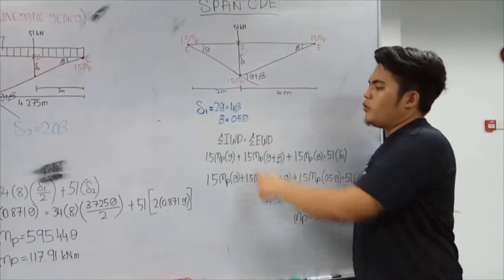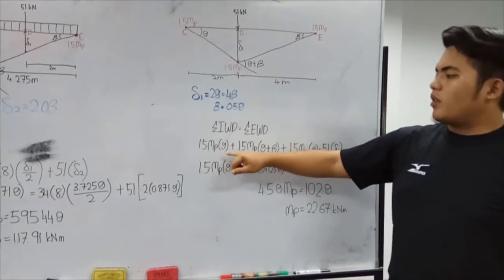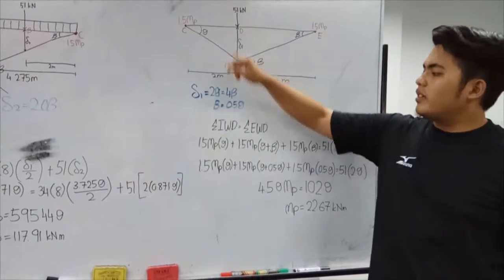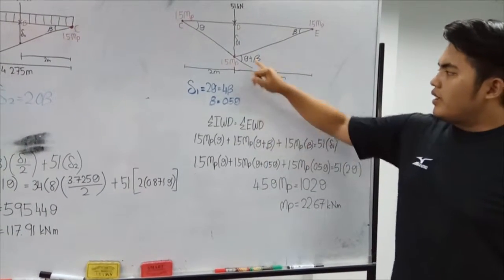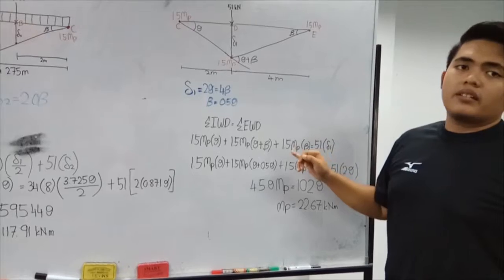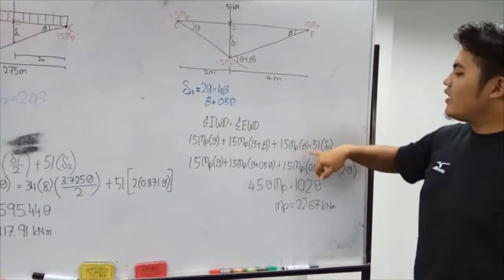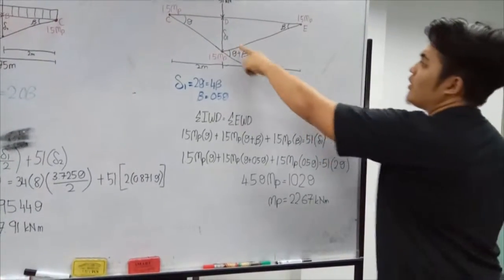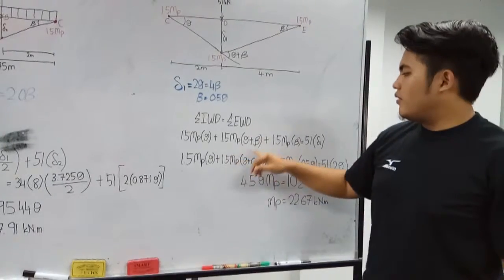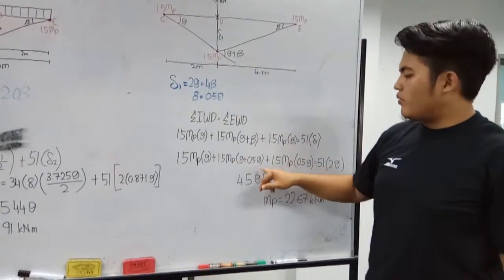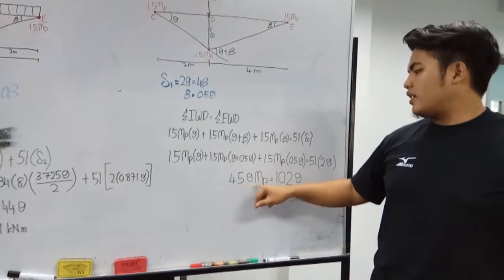And then we use this formula: 1.5 moment theta plus 1.5 moment theta plus beta, theta plus beta, and then 1.5 moment beta equal to 51 delta 1. Then we substitute the value of beta with 0.5 theta, and then we can summarize.